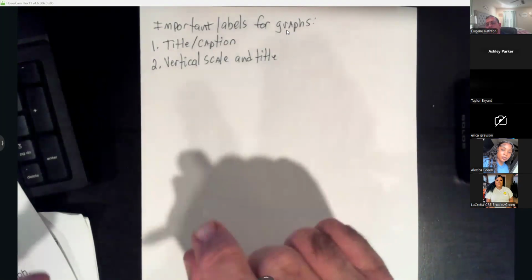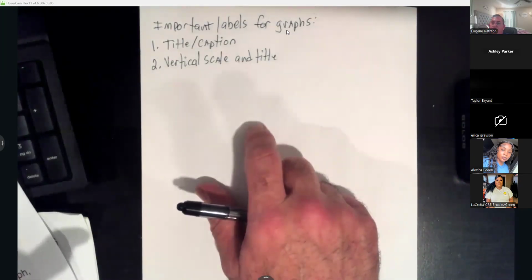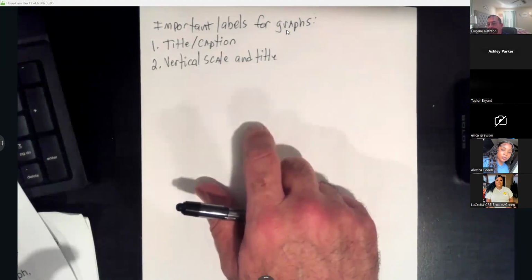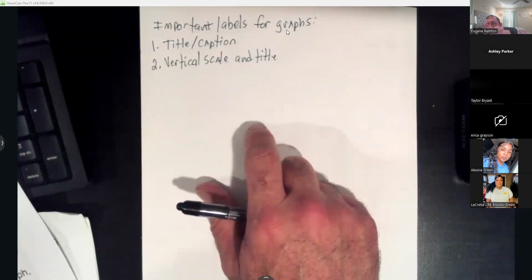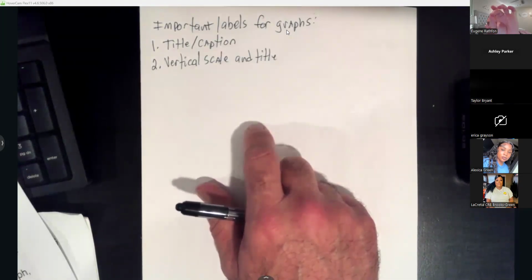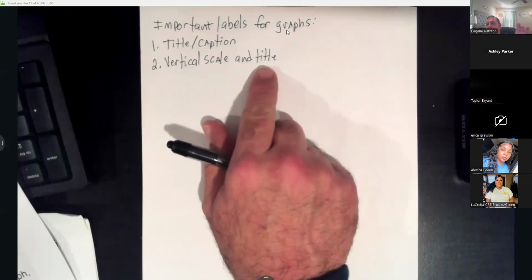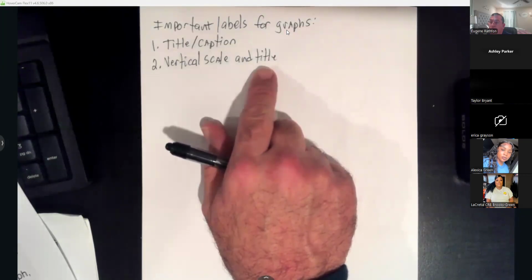And then also put a label that describes the variable. Like if I was doing test scores, my vertical scale would be maybe 70, 75, 80, 85, 90, 95, and so forth. Each tick mark would be about 5 places on my scores. And then my title could say something like test grades, okay?